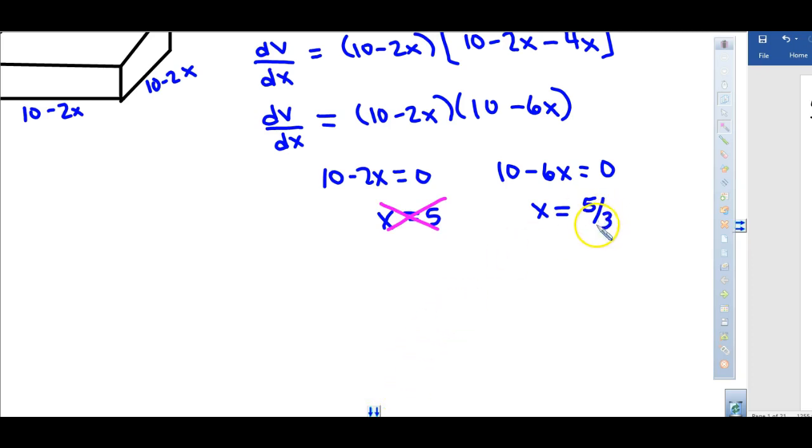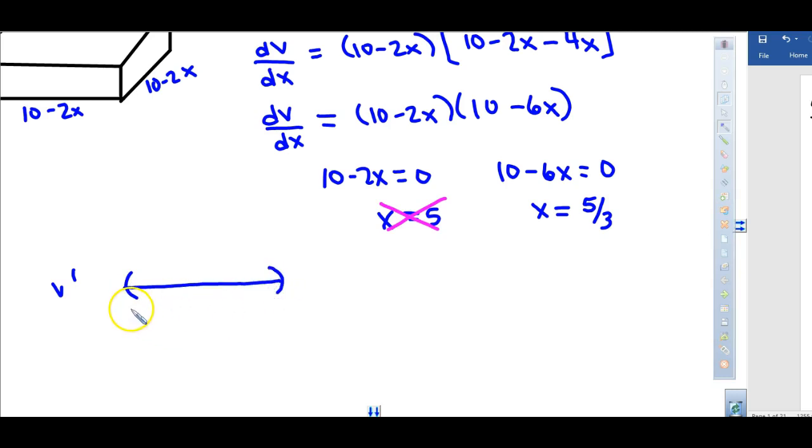And we're only going to keep it after we test it. Okay, so I'm going to come over here and I'm going to make a little sign analysis for the derivative of my volume, v prime. And again, think about what your domain is.